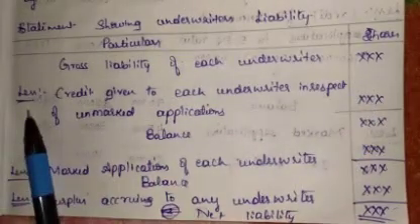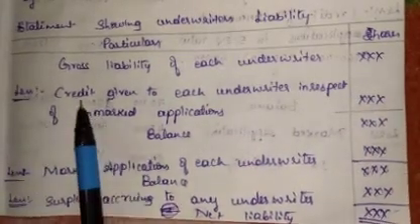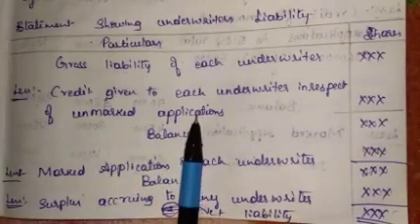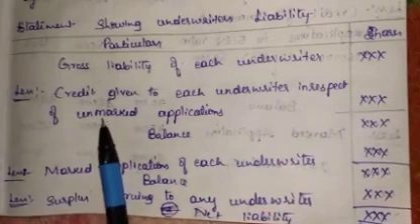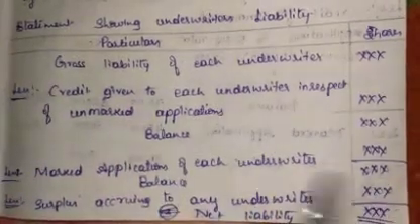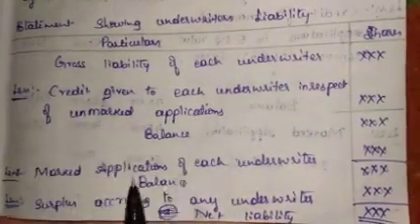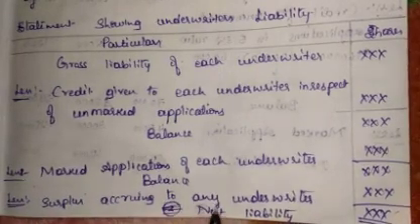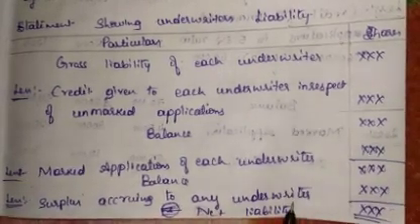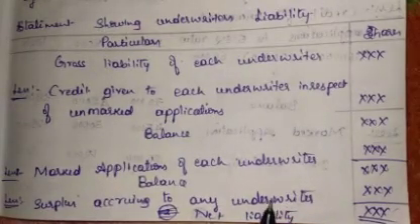Then from that you have to deduct credit given to each of the underwriter in respect of unmarked application. You'll get balance. From that you have to deduct marked application of each underwriter. Finally you have to deduct surplus accruing to any underwriter. So we'll see this with an example.